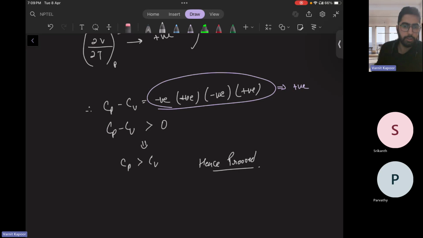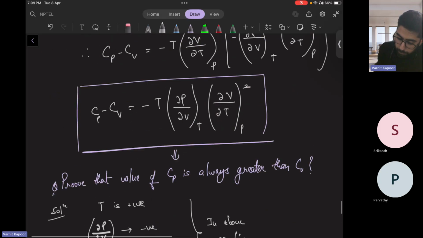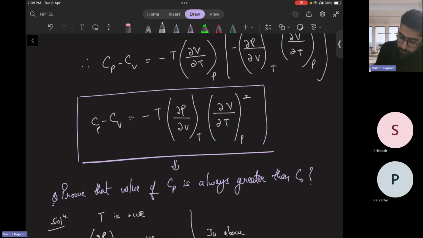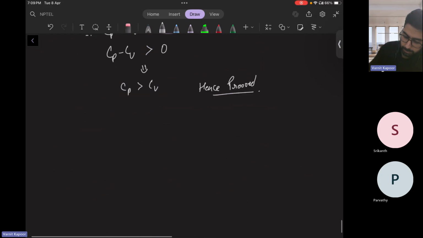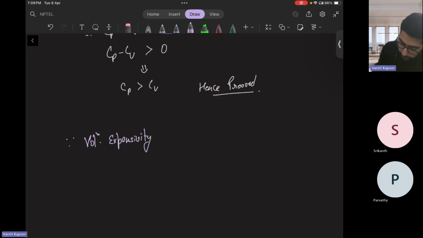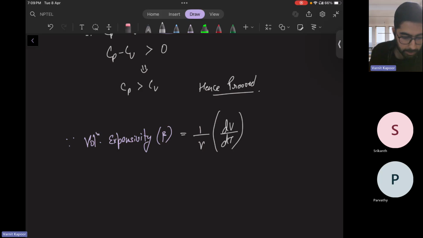Okay. This was a very short question, but we are still left with the question to prove our initial relation which we want. So in this equation, we need two of the values. We know what volume expansivity is. Volume expansivity beta, as we have seen, is nothing but 1 by V ∂V by ∂T at constant pressure.